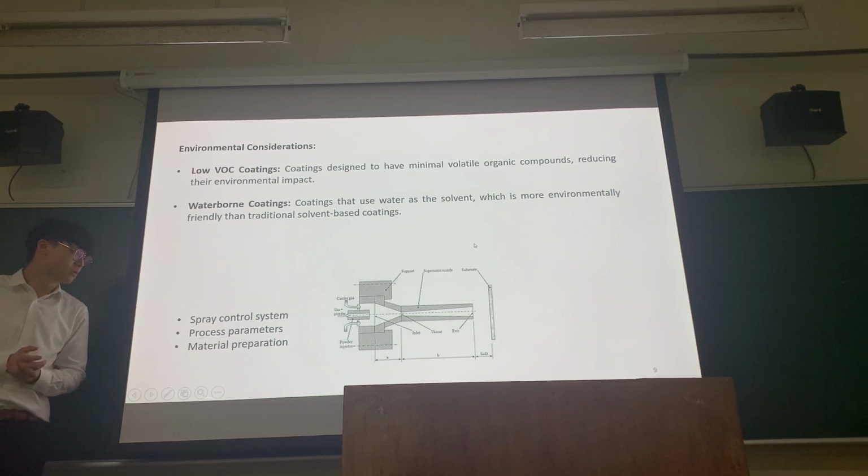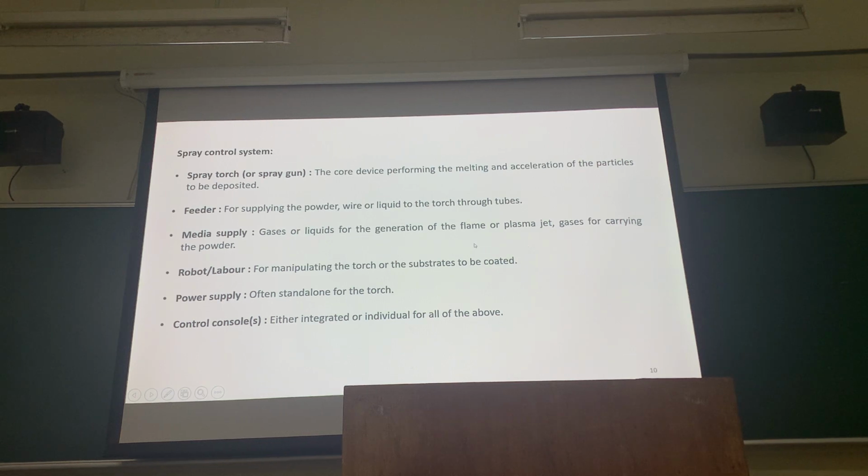For the following slide, we'll talk about what the spray control system is. I listed all of these main keys for making your spray control. The first one is the gun, the nozzle, or what I stated, the spray torch. There's always the gun, the spray nozzle you plan to spray with. The second is the feeder, where you put your powder inside this mechanism or apparatus.